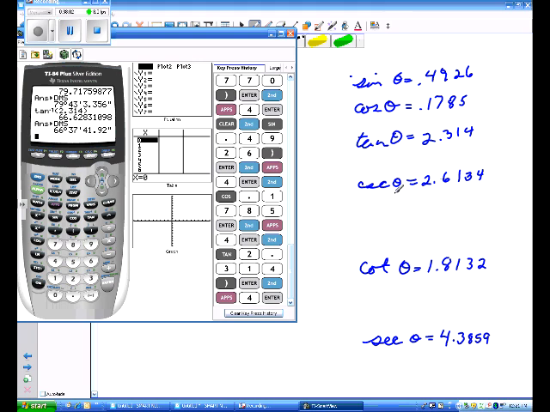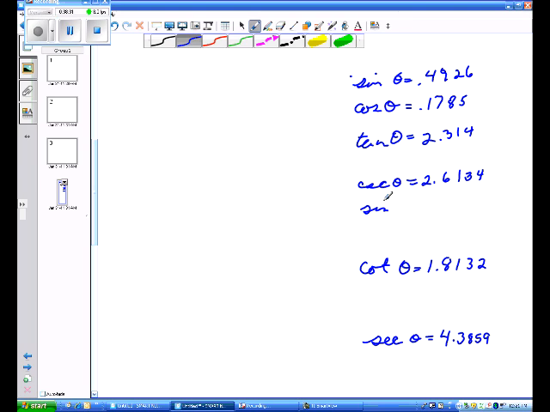So you have to look at what you're told to round to know how to do that. Now we get to an inverse function, and we've got to think how we would enter this on the calculator. The cosecant is the reciprocal of the sine. If we took the reciprocal of both sides here, the reciprocal of cosecant is sine.